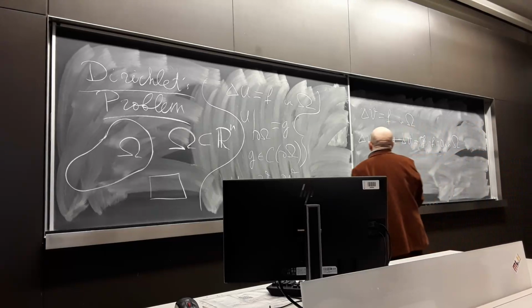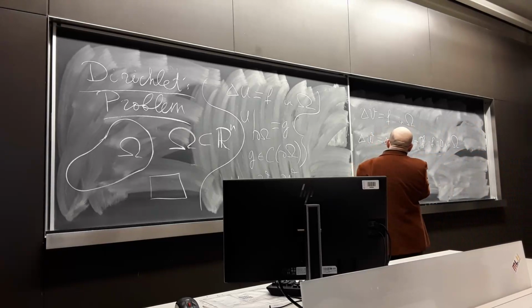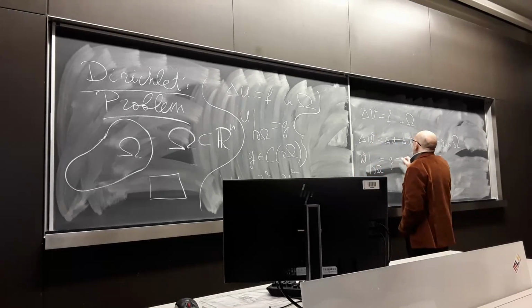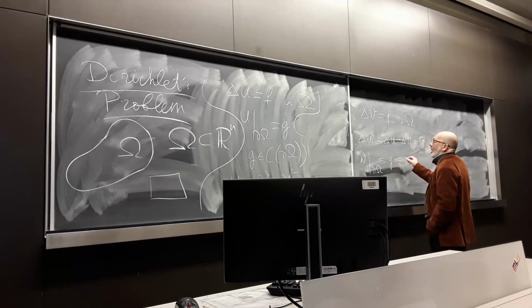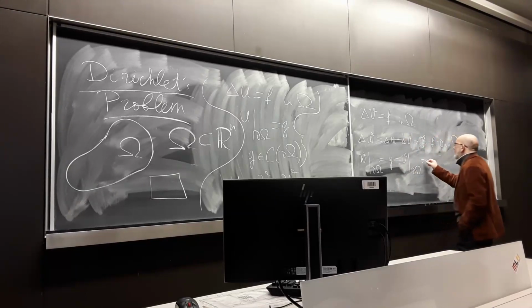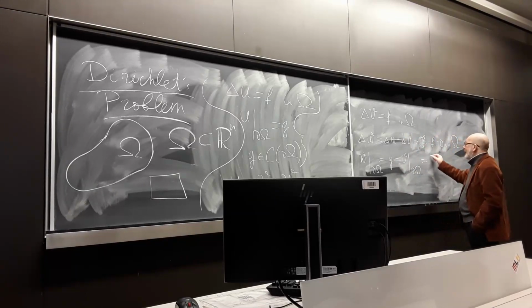But w can have different values on the boundary. So w on the boundary equals g minus v on the boundary. Now let us denote it by, say, h of y.